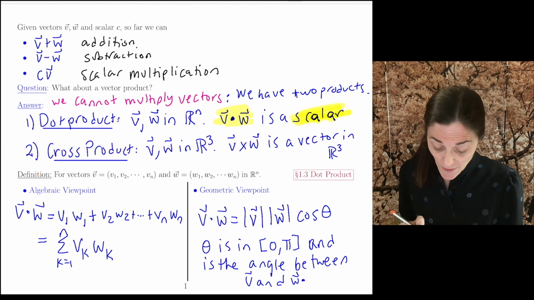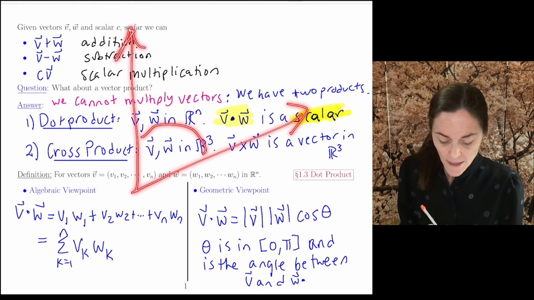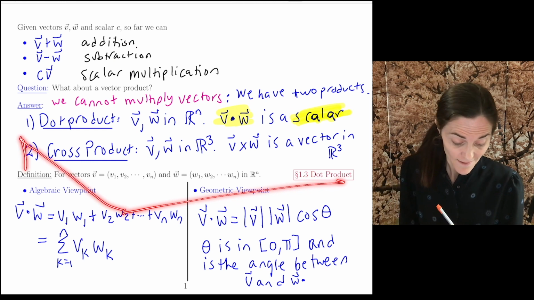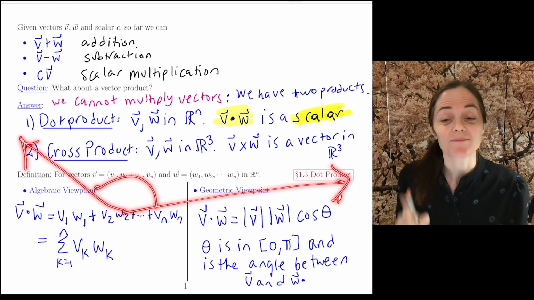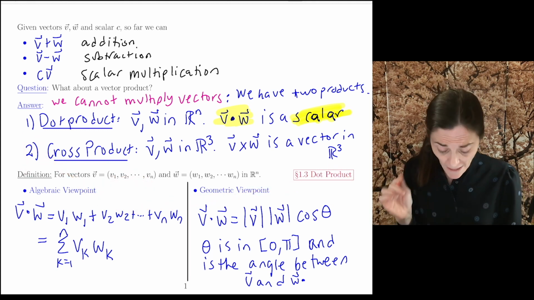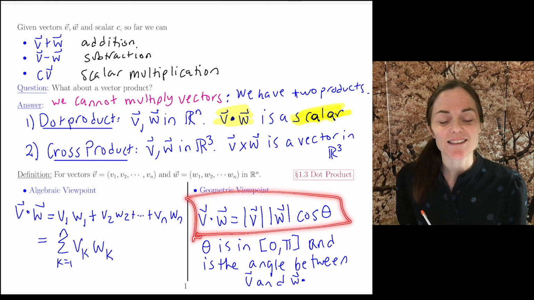So you can always do this. Given any two vectors in Rn, you can measure the angle between as being between 0 and pi. This is the angle between two vectors, and the dot product can be calculated geometrically like this.